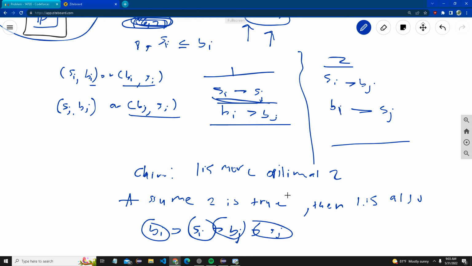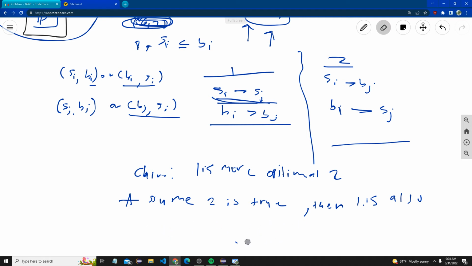But we also ask ourselves, does this mean that they're equally likely to occur? Let's assume one is true. If they're equally likely to occur, which is not our claim, since our claim is that one is more likely than two, then if one is true, we should also expect two to be true, because it has to go both ways for them to be equally likely.